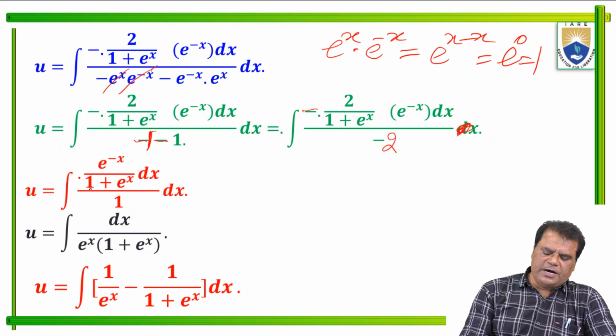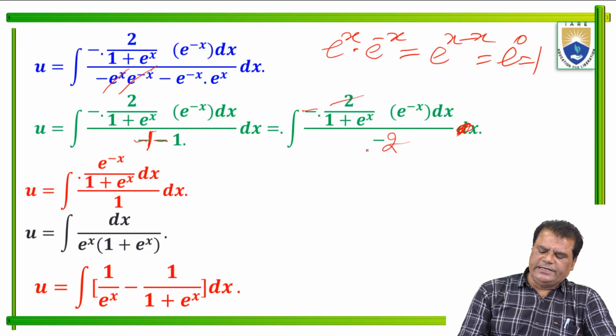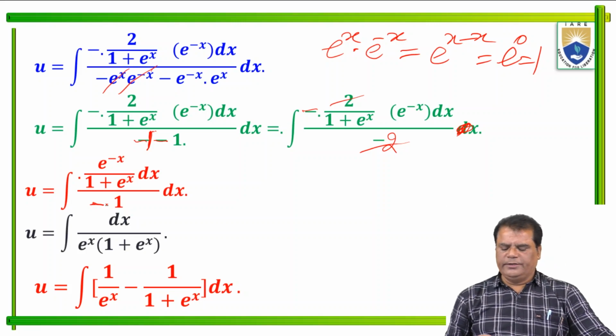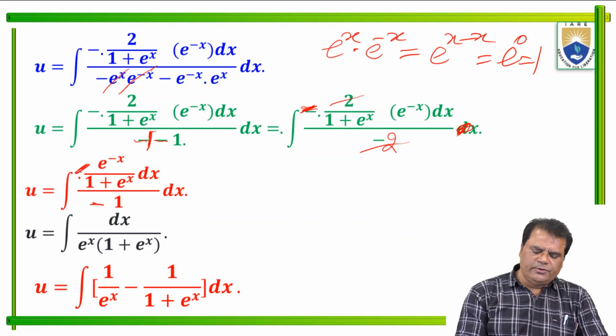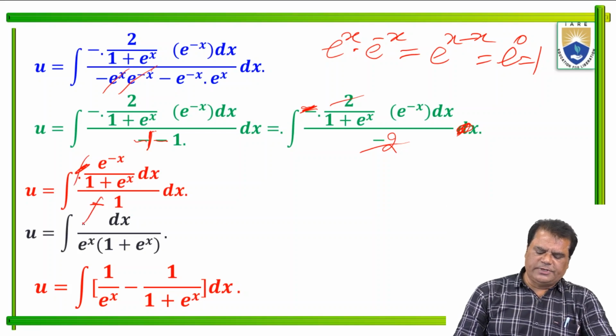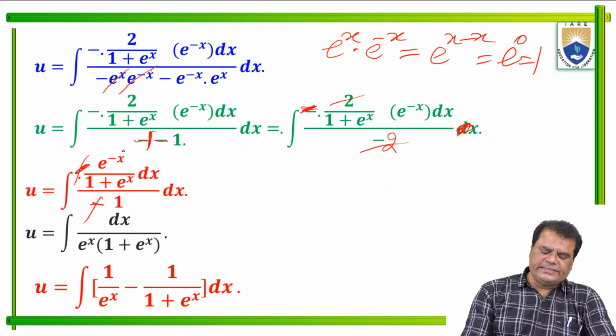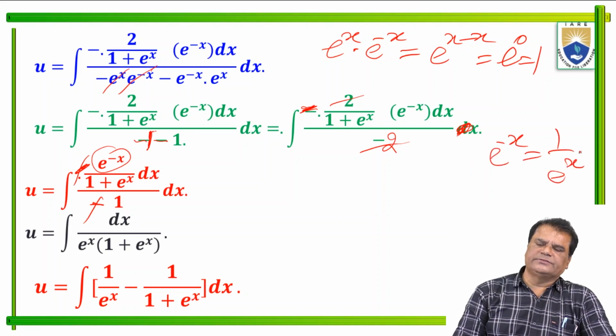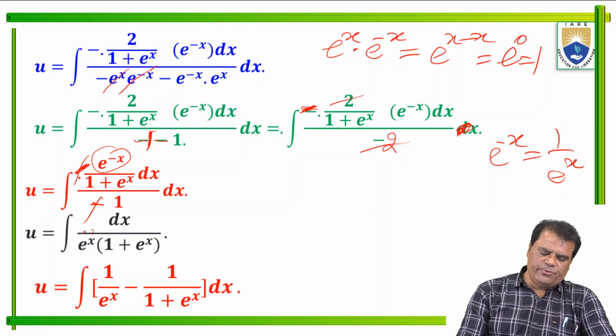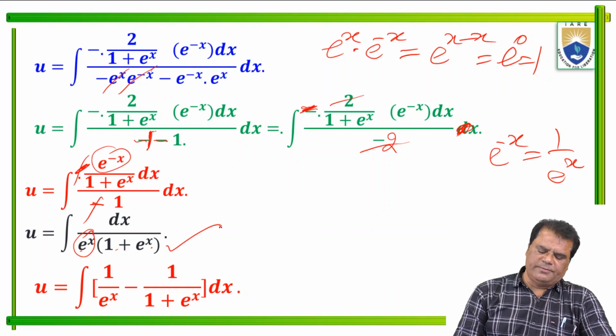Now this is e to the power minus x dx upon, the 2 cancels here. So we get minus 1, and the minus also cancels with this minus. So here e to the power minus x we can write as 1 upon e to the power x. So I am writing this in the denominator: dx upon e to the power x into 1 plus e to the power x.